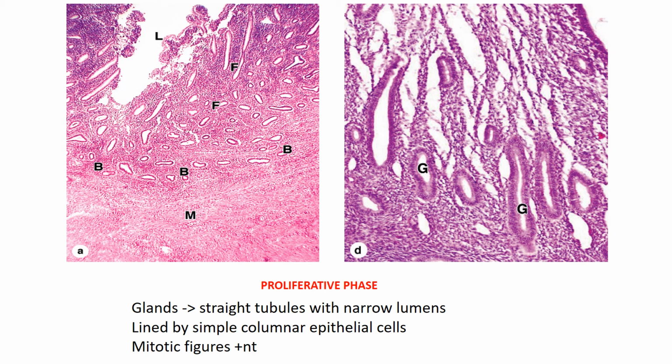Now they are proliferating and dividing, covering the outer surface portion and forming the glands. Even the fibroblastic cells are dividing and forming the matrix. So multiple mitotic figures may be seen. Mitotic figures mean you can see binucleated cells, dividing nuclei inside the cells.